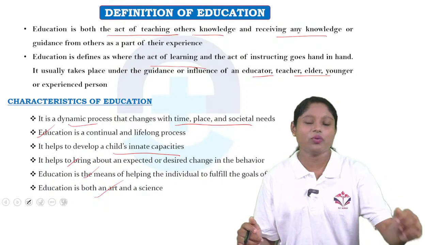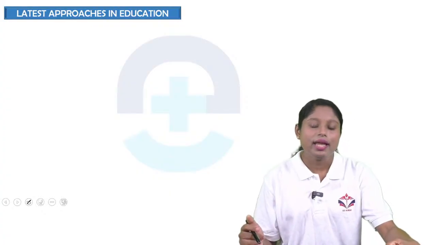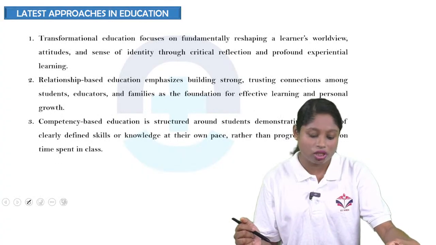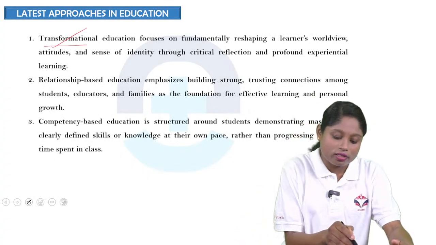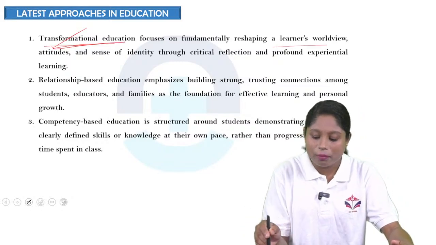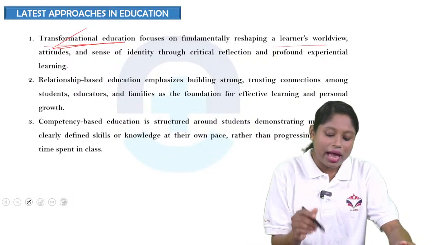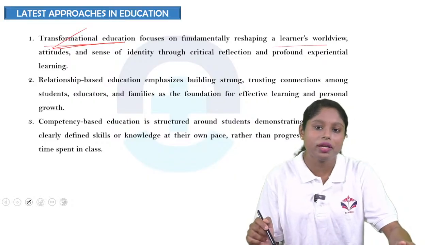I hope everyone understood. Now we are moving to the next topic, the latest approaches in education. What are the main latest approaches in education? First is transformational education. It focuses on fundamentally reshaping a learner's worldview, attitudes and sense of identity through critical reflection and profound experiential learning.